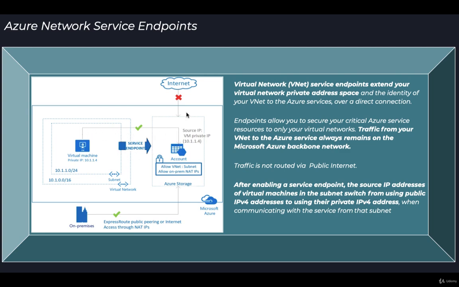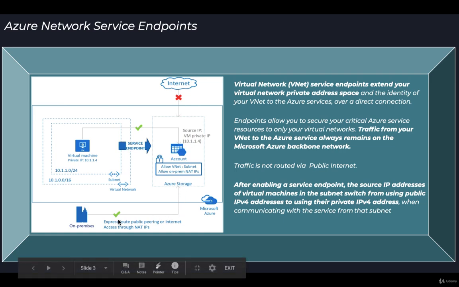This means the traffic is not routed via the internet and there is no exposure over the internet or to the public network. That is why we can use the service endpoint to make sure there is no exposure to the internet when the traffic flows. You can also do the connectivity via ExpressRoute using NAT onto the on-premise network as well.